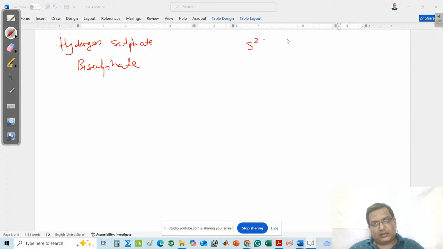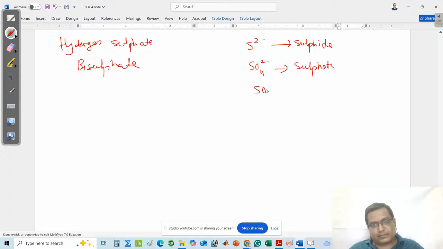S2 minus, that is simply sulfide. SO4 2 minus, here you can say this is your sulfate. Similarly, think about SO3 2 minus. This is said to be sulfite.